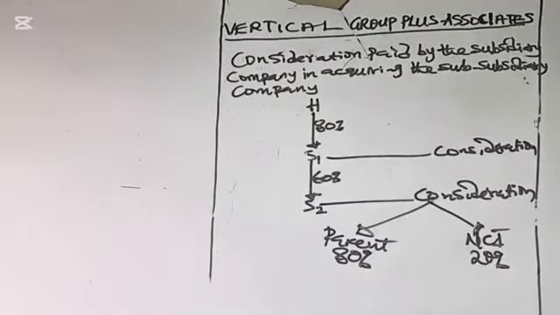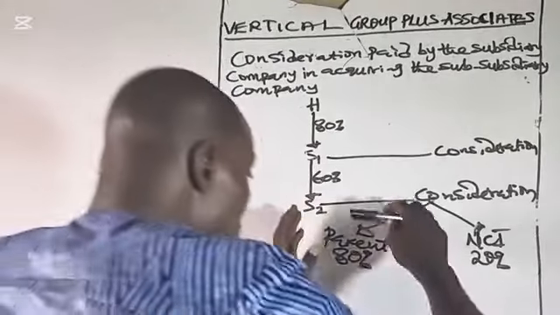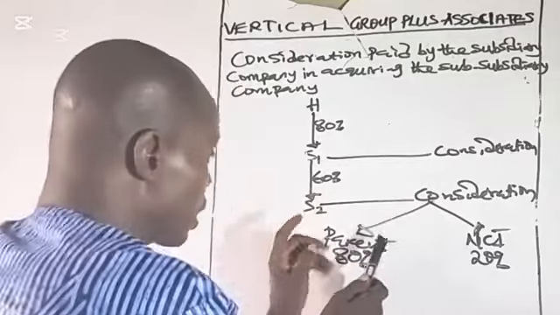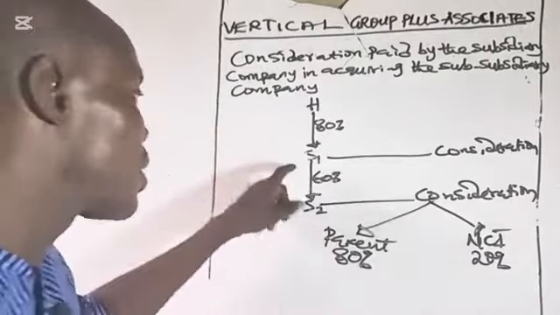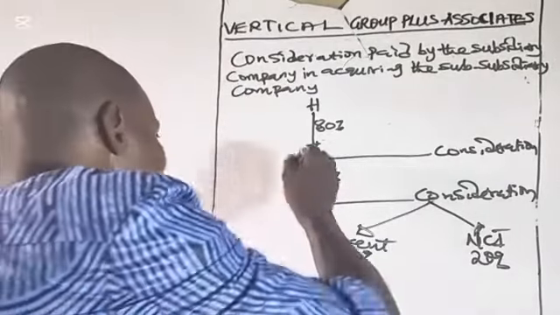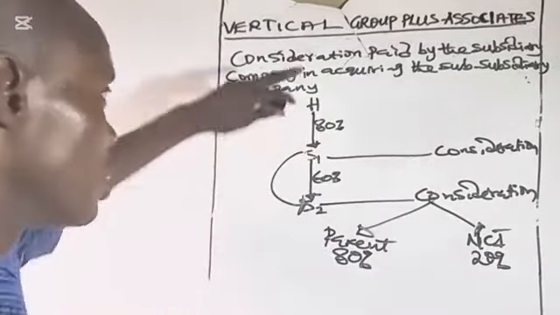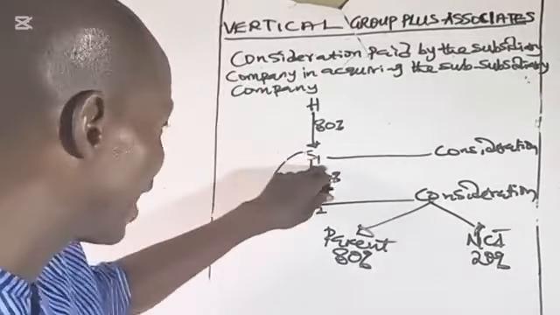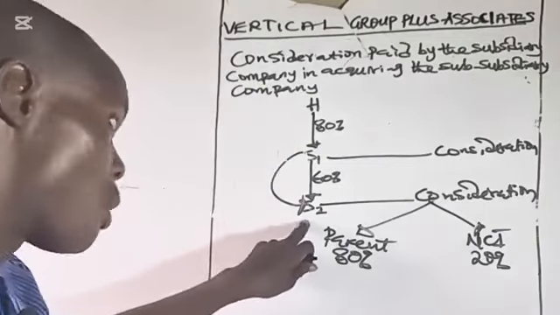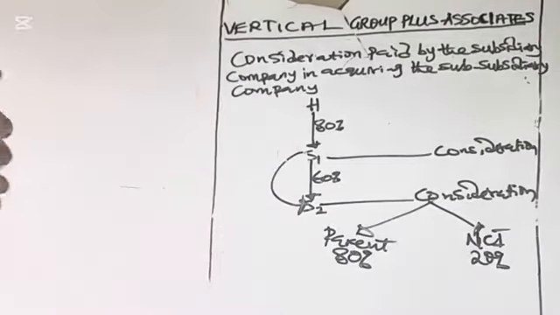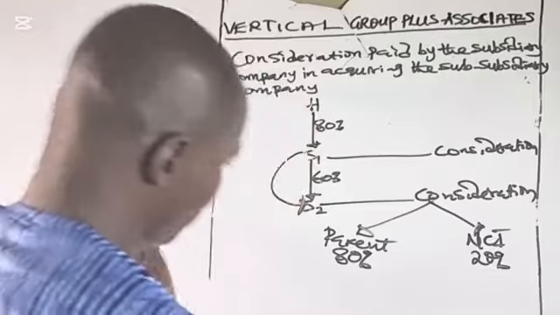So the 80% stake, that is the parent share of that consideration, remember the consideration we are talking about is the consideration paid by S1 in acquiring S2, not the consideration paid by H in acquiring S1. This consideration, I said, will be shared between the parent company and NCI.